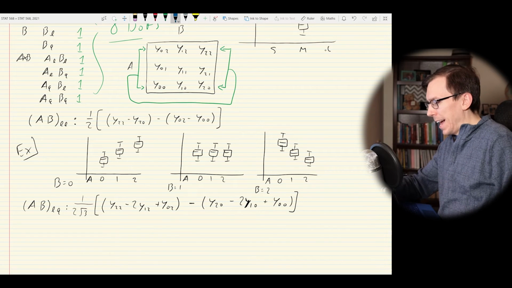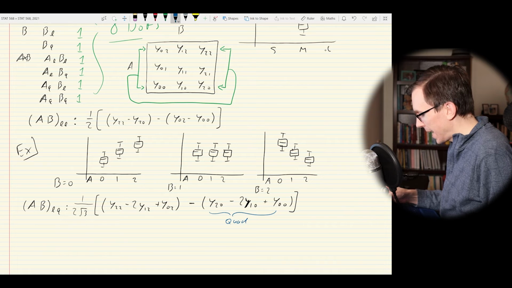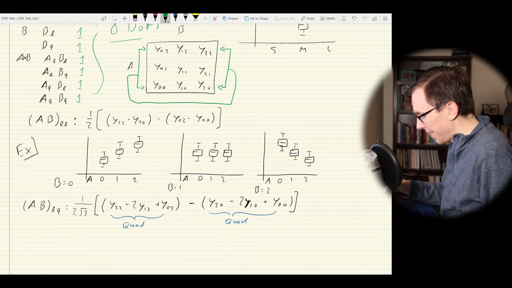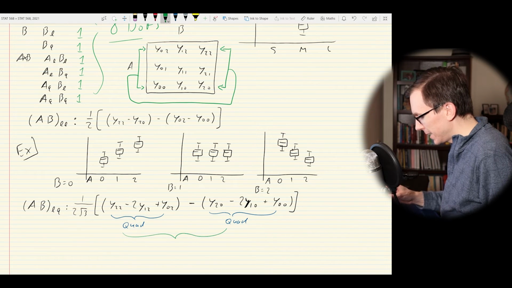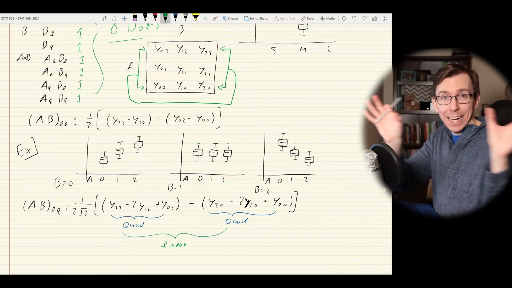So what is this? Well, we have a quadratic contrast, and then what we're doing is a linear contrast of the quadratic contrasts. That is, we're taking one quadratic contrast, another one, and subtracting one from the other.